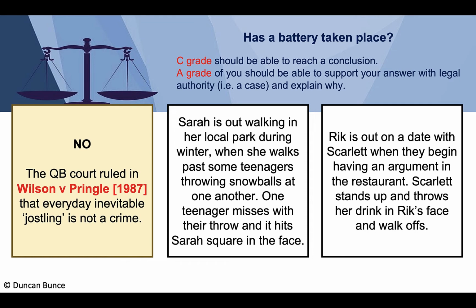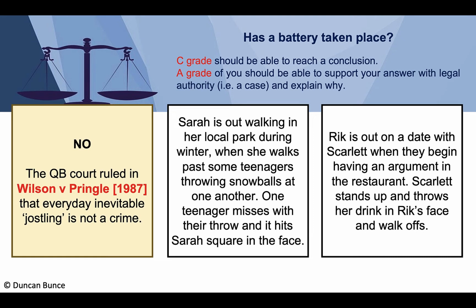Sarah is out walking in her local park during winter when she walks past some teenagers throwing snowballs at one another. One teenager misses with their throw and it hits Sarah square in the face. Now, firstly, what do we know about battery? Let's remind ourselves. The actus reus is the defendant applies unlawful force to the victim, the victim here being Sarah.